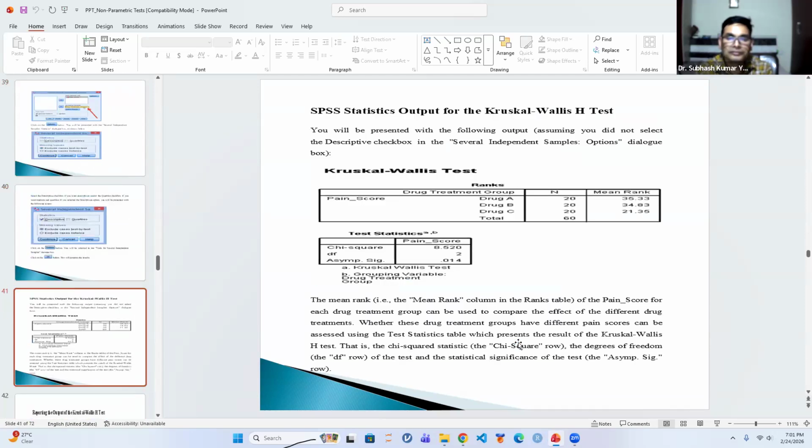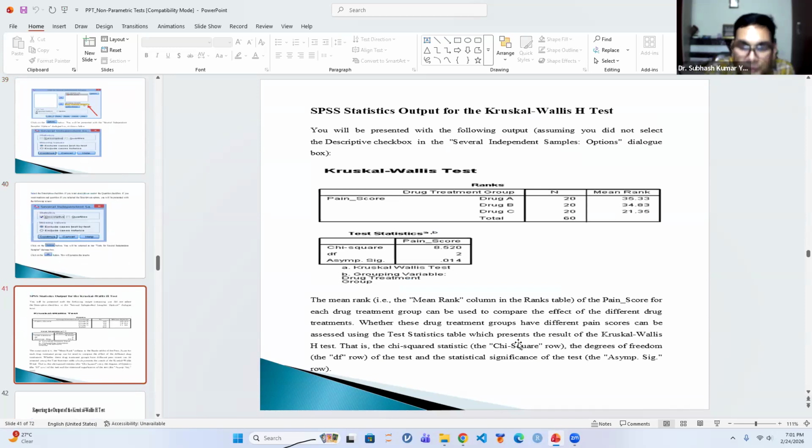Now what is the output of this Kruskal-Wallis test in SPSS? You can see the ranks here for the drugs A, B, and C, and these are the mean ranks 35.3, 34.8, and 21.3. This is responsible for the rejection of the null hypothesis.